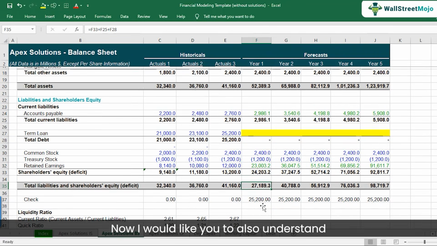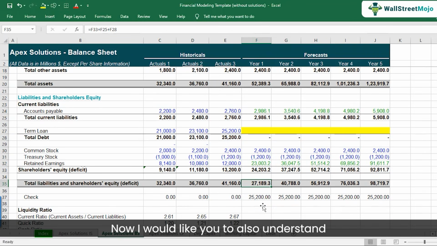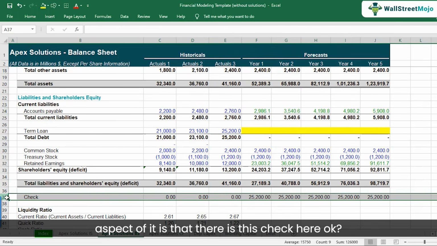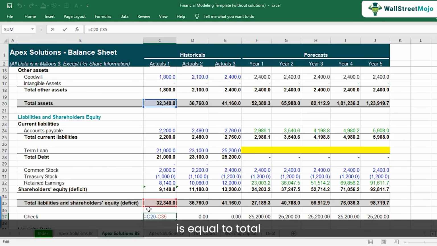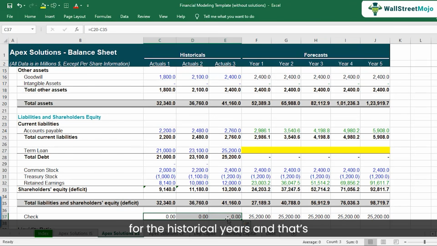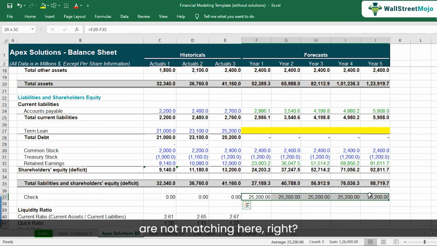Okay. Now, I would like you to also understand one very important aspect, which is this check here. This check basically ensures that total assets is equal to total liabilities and shareholders' equity. So it is zero for the historical years, and that's what is the expected outcome. Balance sheet should balance, but the balance sheets are not matching here, right?